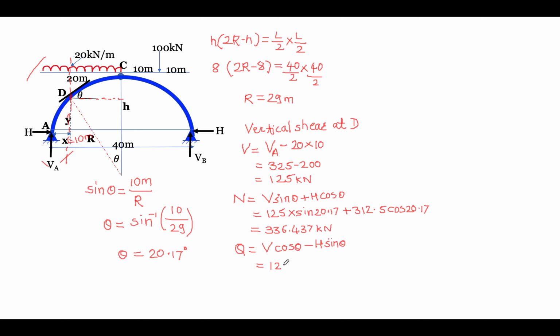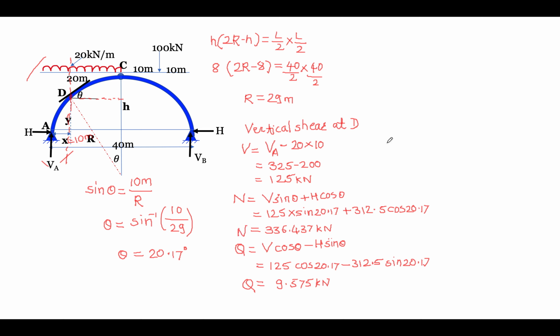V is nothing but 125 cos of 20.17 minus 312.5 sine of 20.17. So here we get 9.575 kilonewton. So this is our radial shear, and this is our normal thrust.